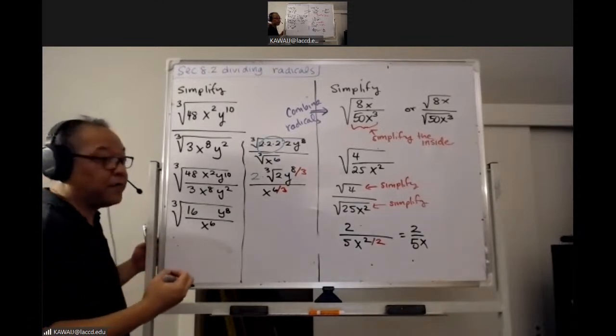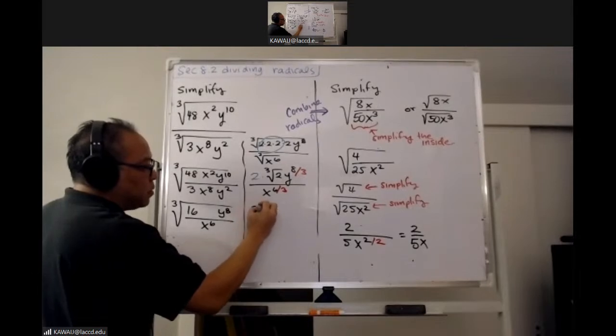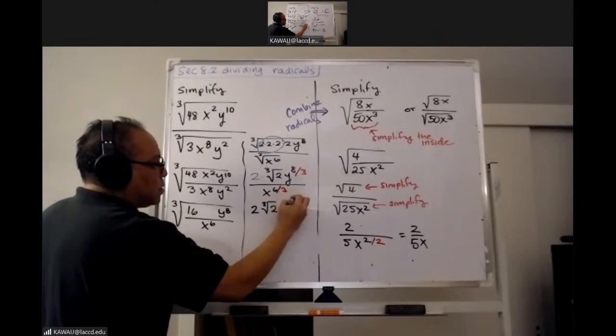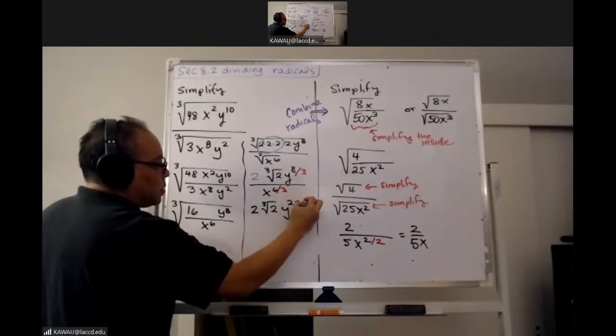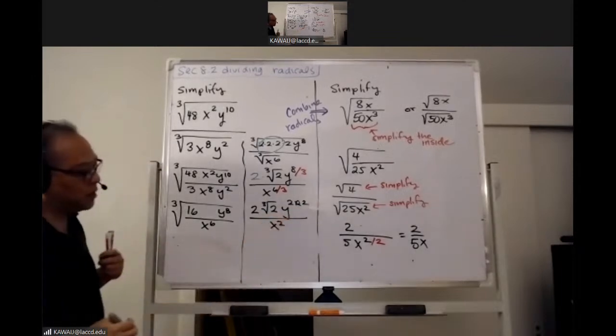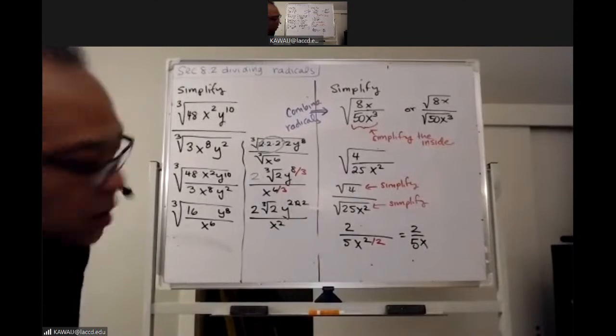And now we have 2 cube root of 2 y, 2 remainder 2 over x squared. And the remainders go on the inside.